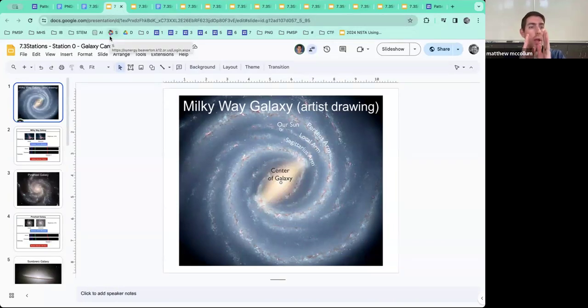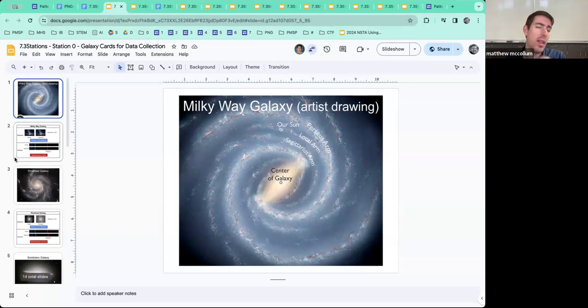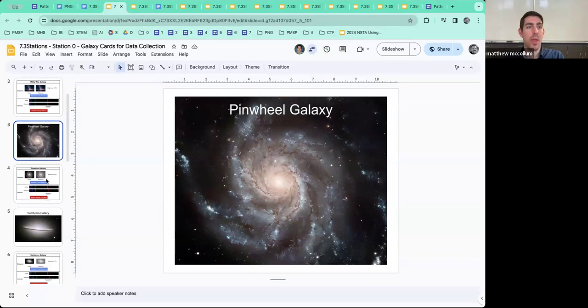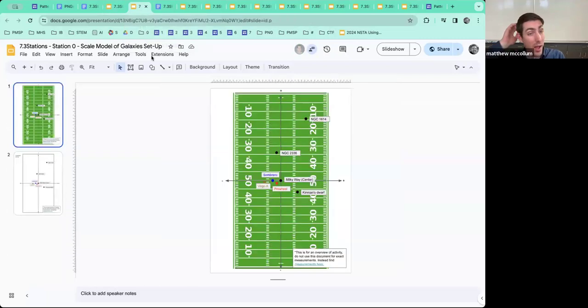These are stations with galaxies that are from a variety of different distances away. So Milky Way, Pinwheel Galaxy, and these are cards that are put up, and we'll show you a map. They're either put up around a classroom or preferably, to inspire some of the awe, around a football field.